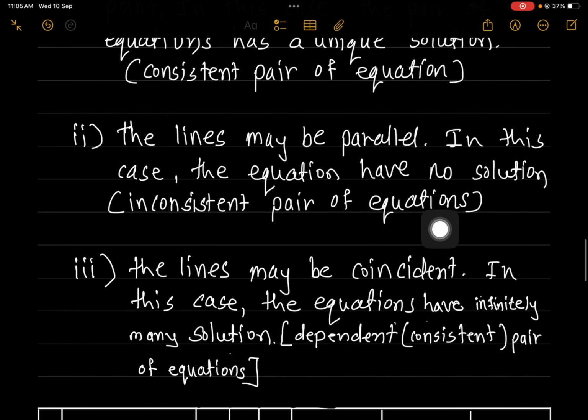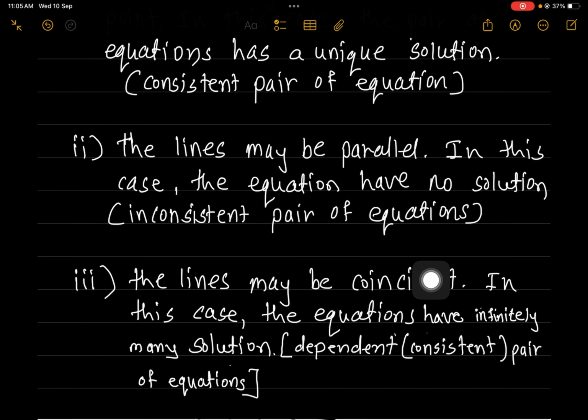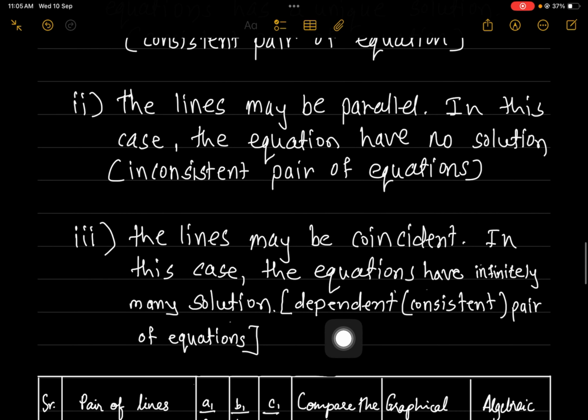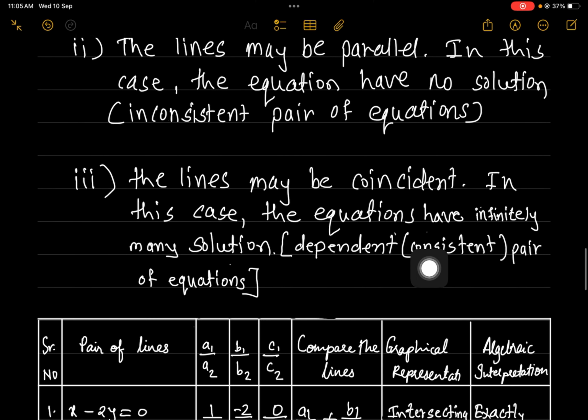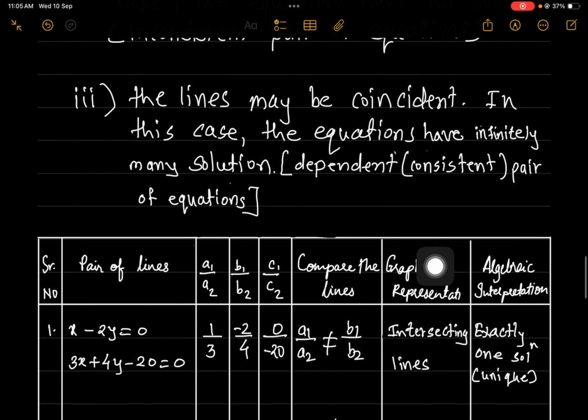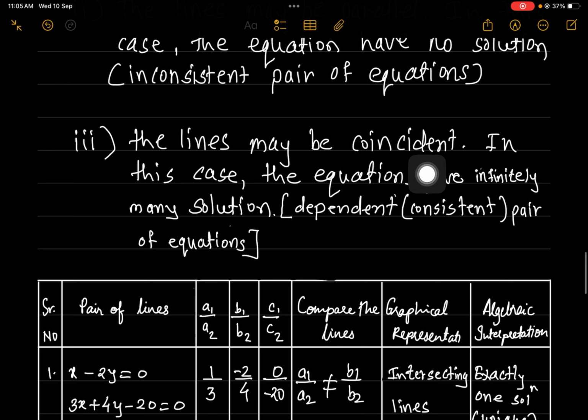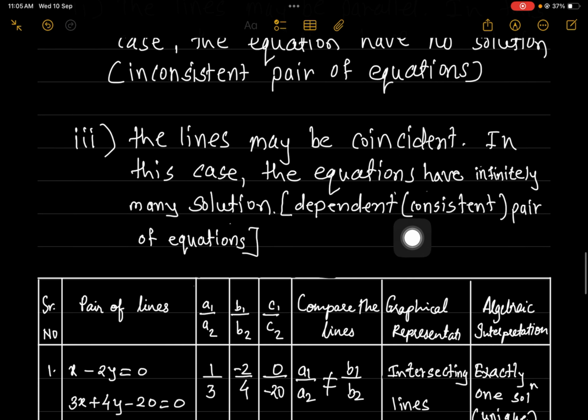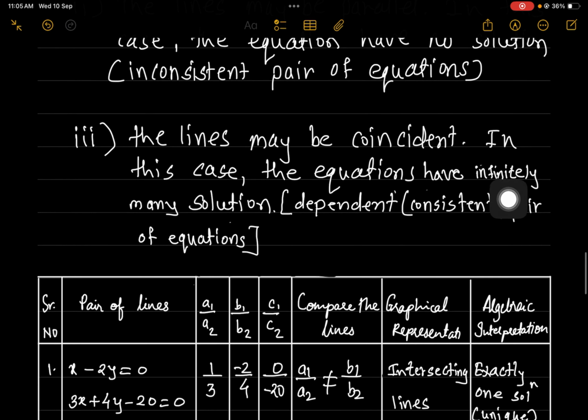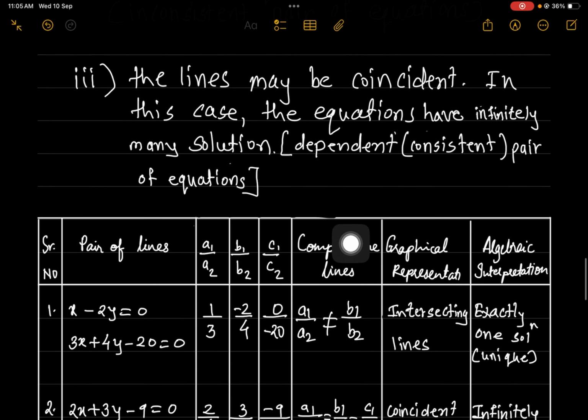Remember, we are studying the graphical method. When you draw your two-variable equations and get coincident lines, it means the lines coincide with each other, so you get infinitely many solutions, with no limit.